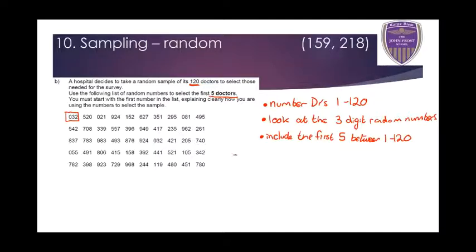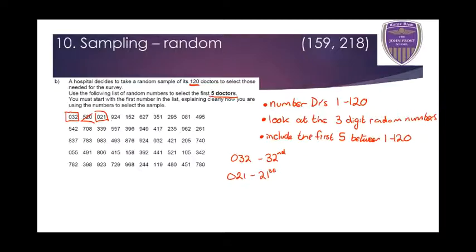So that means we're going to pick the 32nd doctor. So we've got the 32nd one, job done. Now, 520, that's bigger than 120, so we can't have that in our random sample. The next one, 021, means we're going to pick the 21st doctor in the list. Job done.